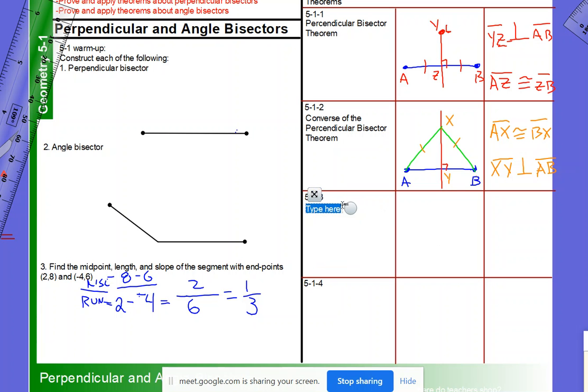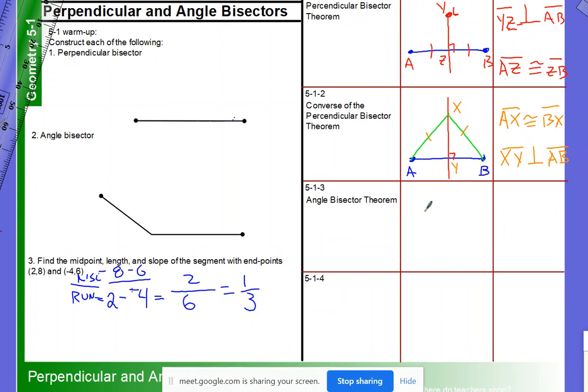So then, today we're talking about perpendicular and angle bisectors. Obviously, we have some angle bisector theorems. The angle bisector theorem says that if a point is on the bisector of an angle, then it is equidistant from the sides of the angle.